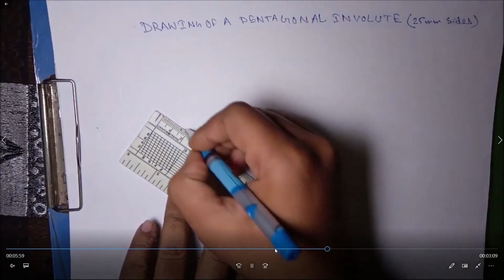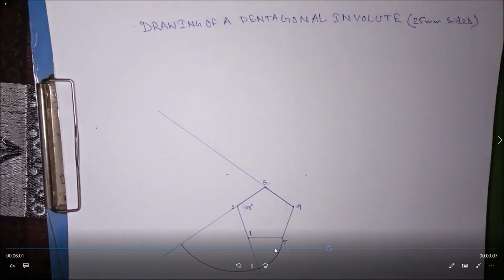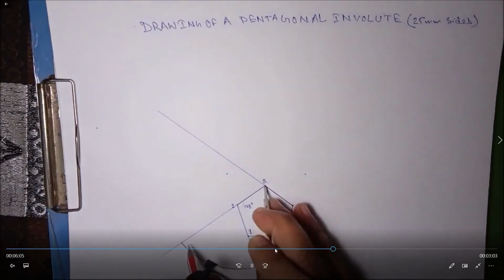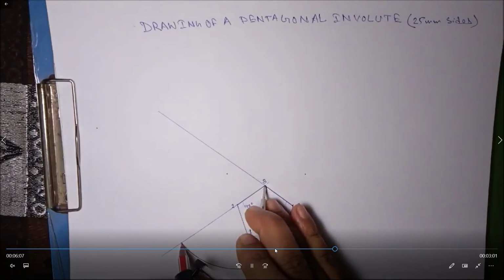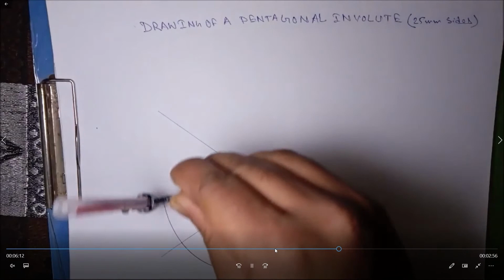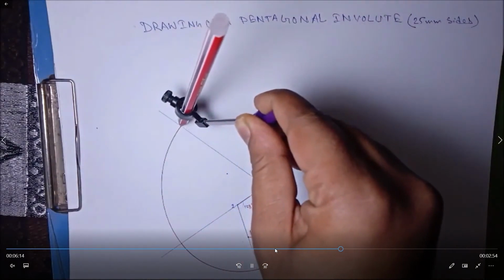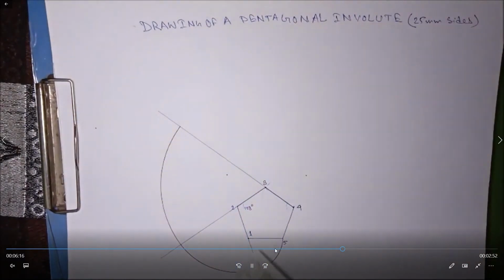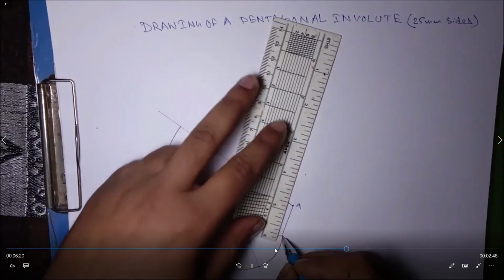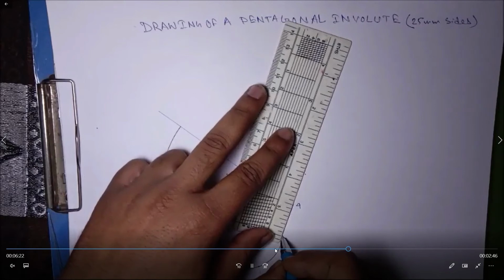Otherwise we draw the horizontal line, 5 sides, 25 into 5, 25 into 5, 125, the circumference of the pentagon. We draw the horizontal line 125, and then we divide that 125 mm length into 5 equal parts.